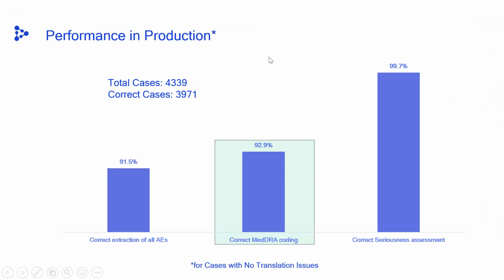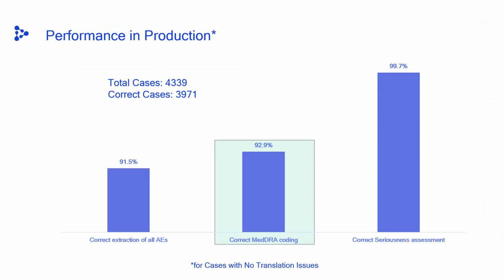And using the last one I described, semantic matching, we have put into production at one of our customers. For those cases that didn't include the translation issues, we have been getting pretty close to the desired percentage for auto coding. These are all auto coded cases with the respective correctness of the coding.